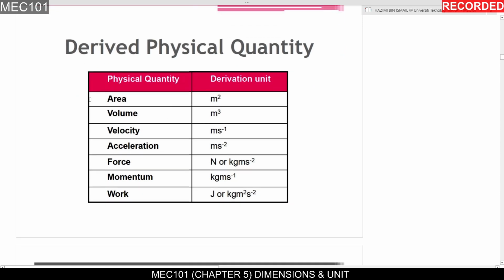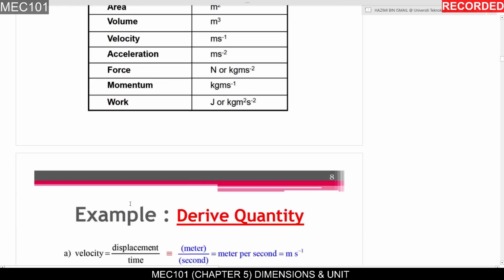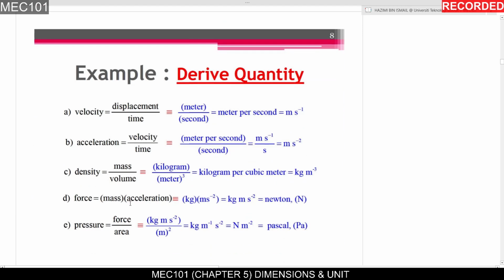I think these are very familiar to you. You already learned most of them in your SPM syllabus. So this is an example of a derived quantity. Velocity, as we know, is equal to the displacement over time. The displacement unit is the meter, and the unit for time is the second.